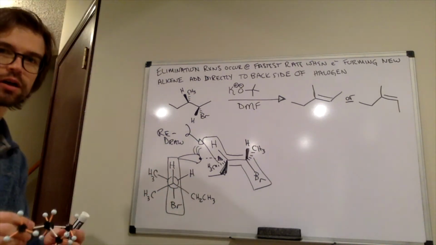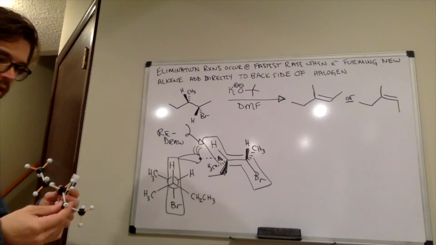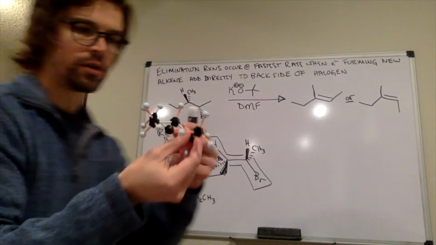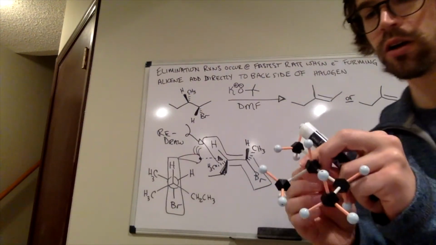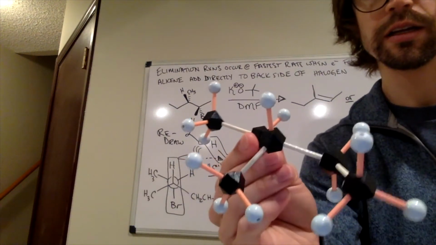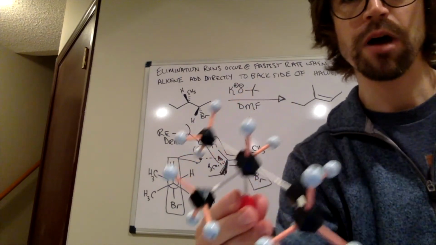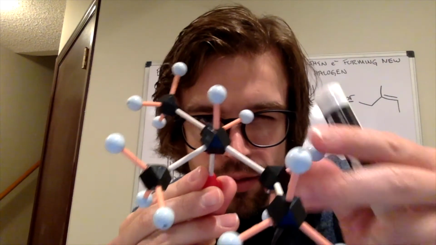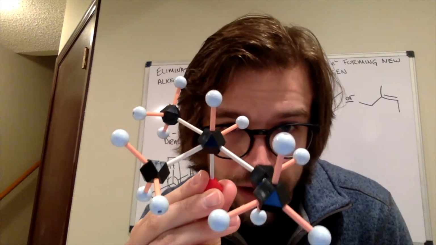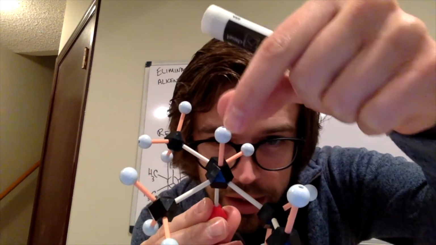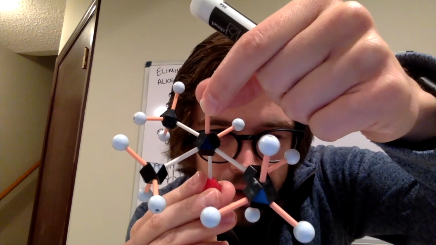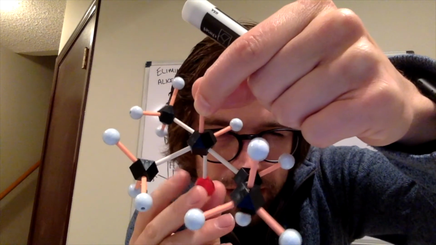Again, I want to show that with the model. So we have what we have on the board, and now you can see it in the model. I'm going to look at the camera. Here we go. We have the H coming at you in the front. It's in the same plane as the bromine right here.